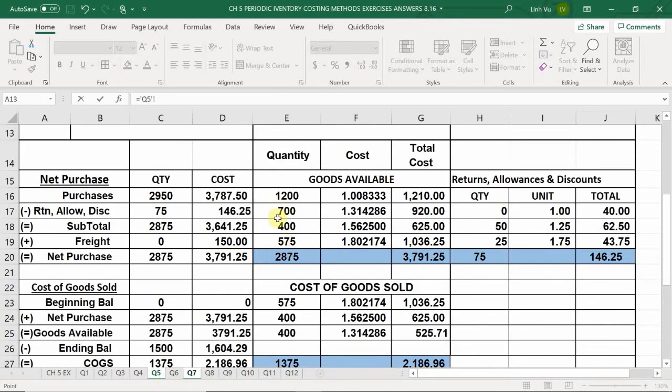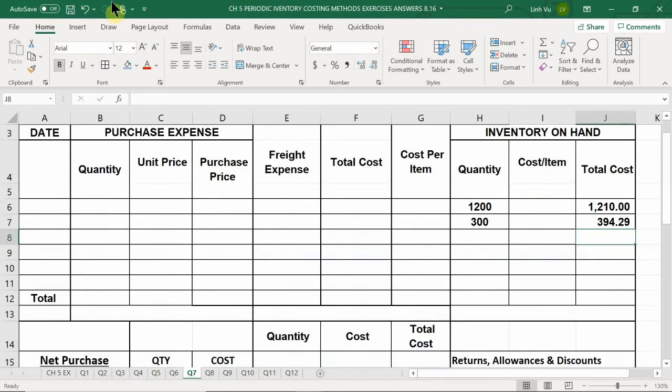We solved that it was a total of 920 minus what we sold, 525.71, so therefore we should have a remainder of 394.29.